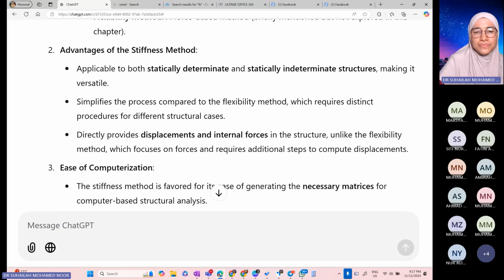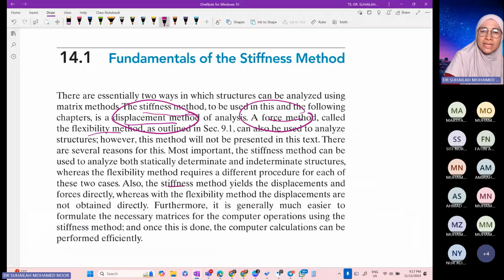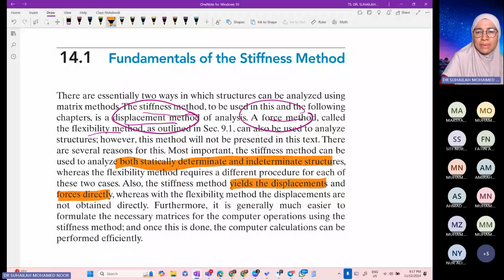So ada dekat sini. Okay, stiffness method yield displacement and forces directly. Compared dengan flexibility method, displacement are not obtained directly. Okay, and generally much easier to formulate the necessary matrices for the computer operation.